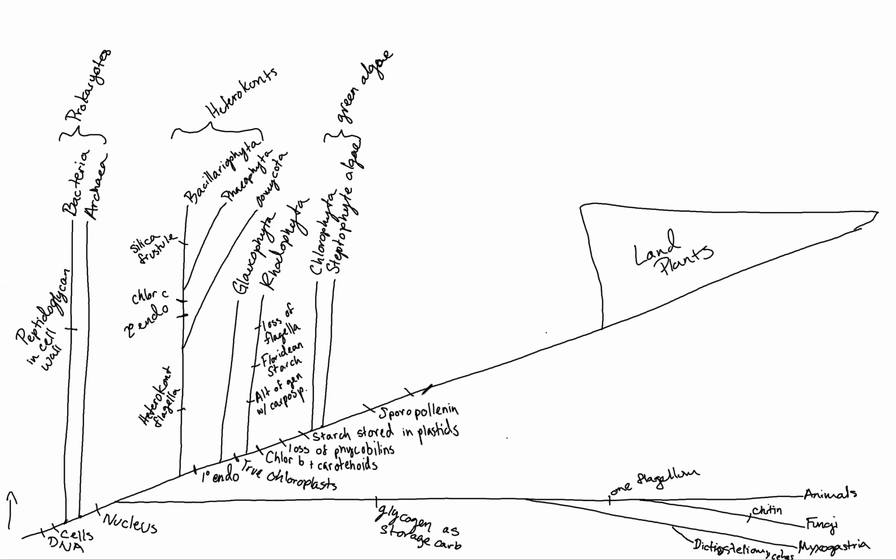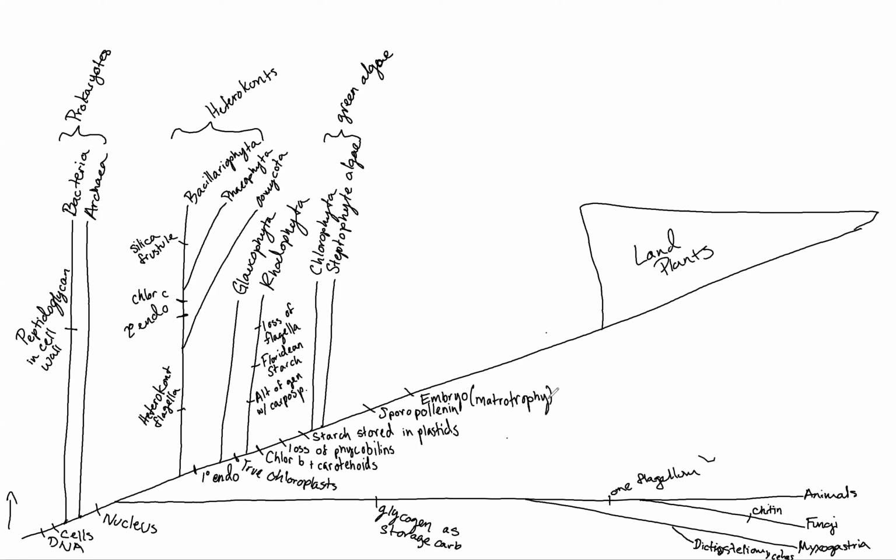So we get sporopollenin. We also get embryos. So an embryo is going to refer to this multicellular structure that's retained by the female gametophyte. And so the female gametophyte is going to retain that embryo and feed it. And so that's called matrotrophy. Eating of the mother.